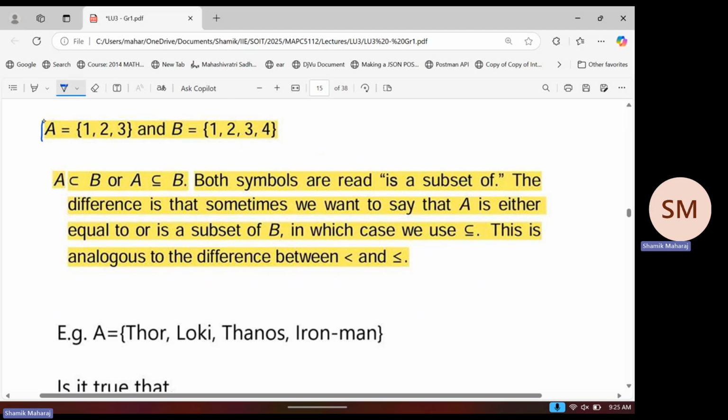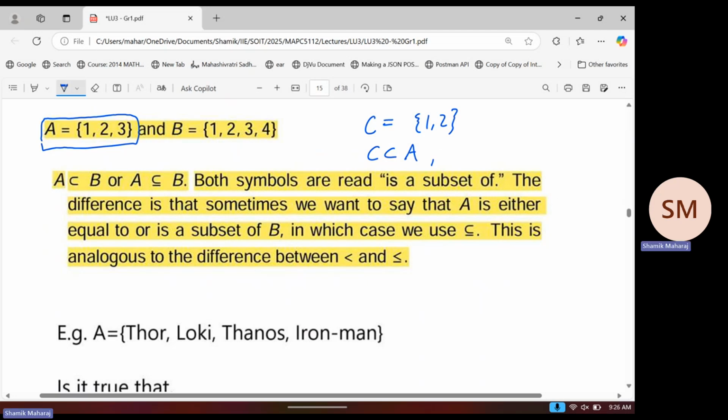Right, so for the two sets above, A is given by that. Let's suppose I gave you another set, C is equal to 1, 2. Is C a subset of A? Yes, it is. It's a perfect subset of A, so we could write that as C is a subset of A. But here's a question.